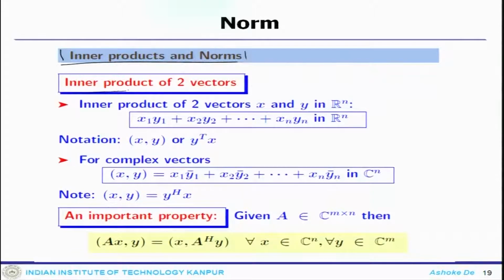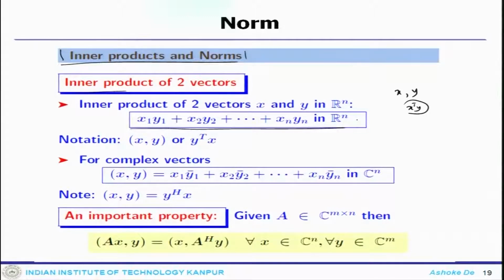The inner product of two vectors: if you have two vectors x and y, then the inner product is essentially x transpose y, the dot product of the two vectors.